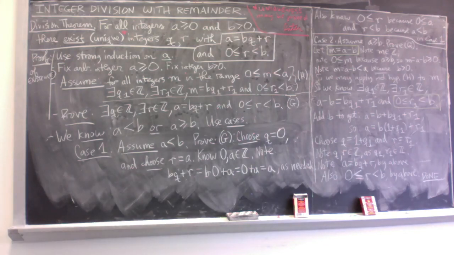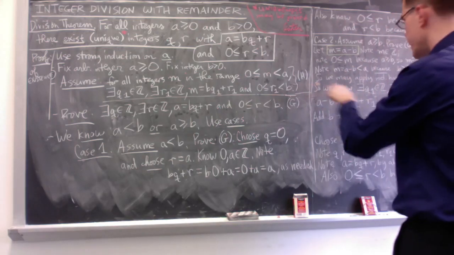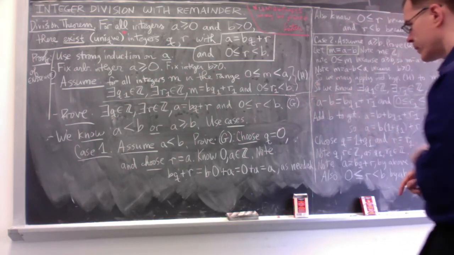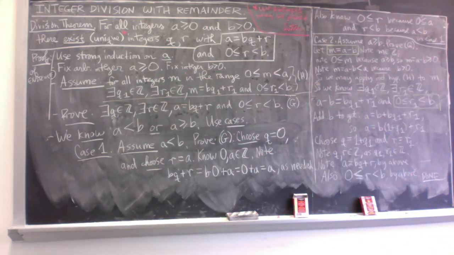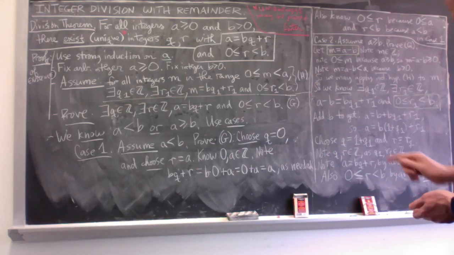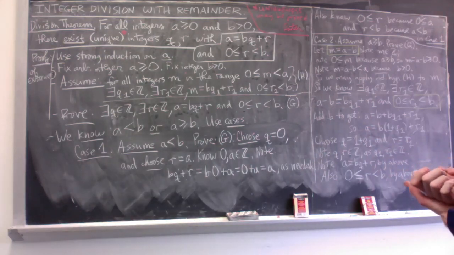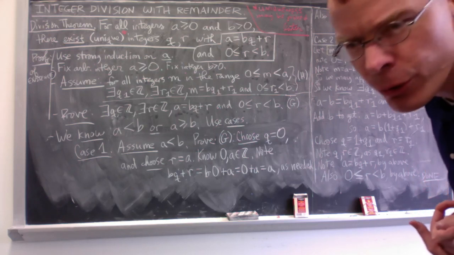The induction is a little sneaky. It seems like, why don't you just subtract a whole bunch of times? Well, secretly that would happen here if you were going to solve it in full, but the structure of the proof lets you just recursively solve it. You know there's a solution, and then you just have to do that last step to get back up to a. Okay, so that is the end of the existence proof for the division theorem.